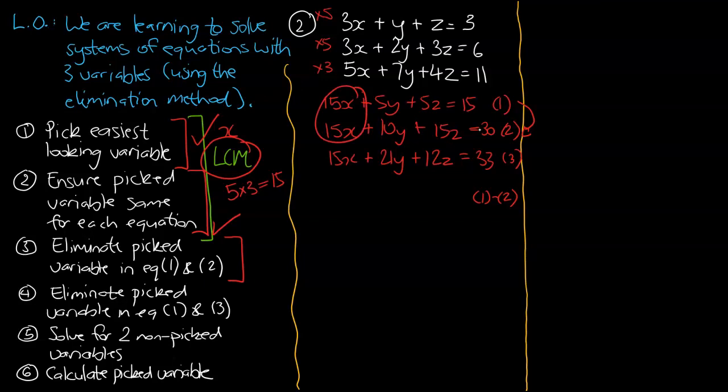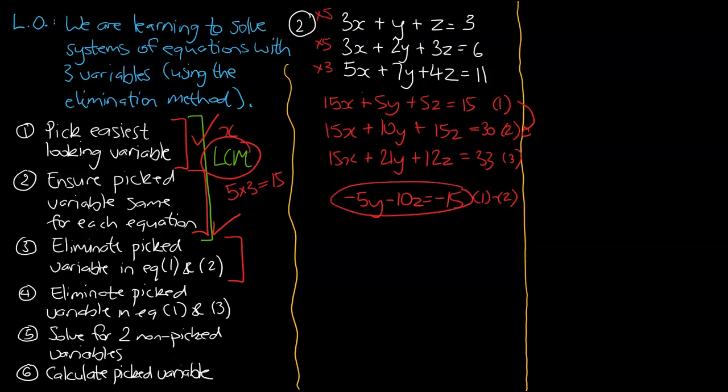So 15x minus 15x is 0. We've got 5y minus 10y, and that's going to be negative 5y. We've then got 5z minus 15z, and that's going to be negative 10z. And then finally, we've got 15 minus 30, which is going to be negative 15.